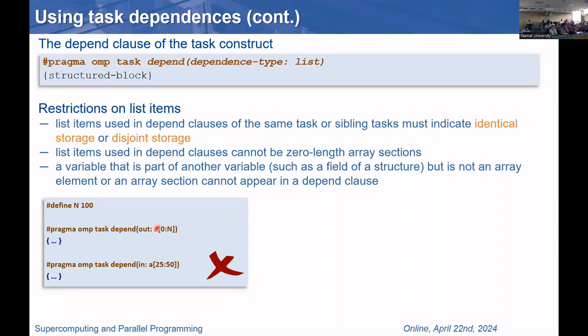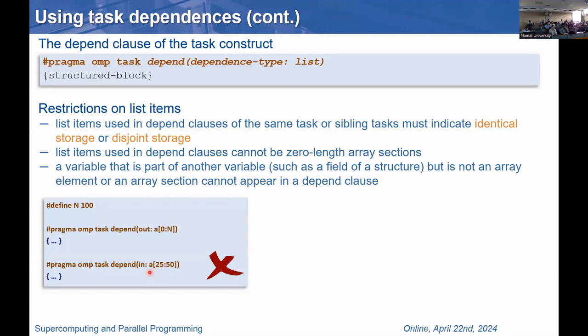Okay. So the important thing is that what you should not do is, for instance, have a depend out on the full array, A from 0 and n elements, assuming that the definition of n is 100. And then in another task, do from 25 to 50. Okay, because this thing will actually be in the middle of the array.